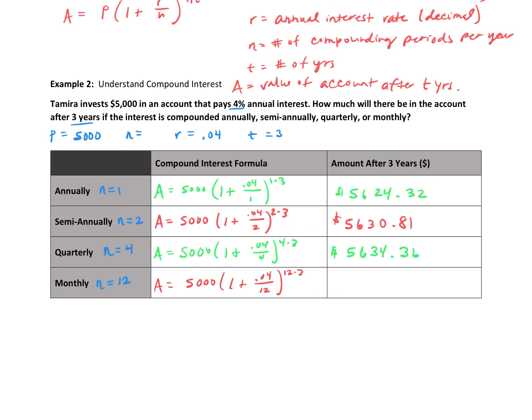Check to see if you get $5,636.36. So what we notice is the more compounds per year, the more the account is worth.